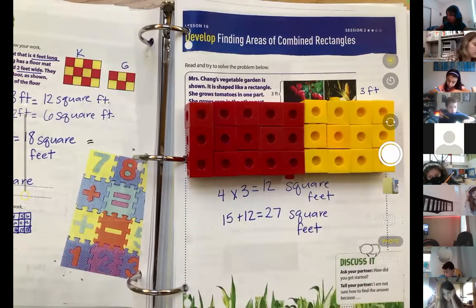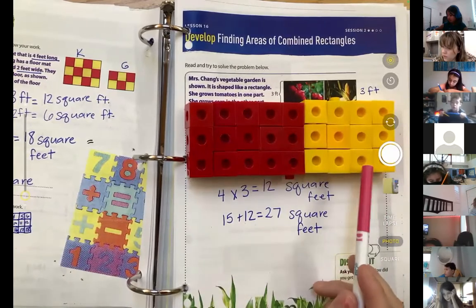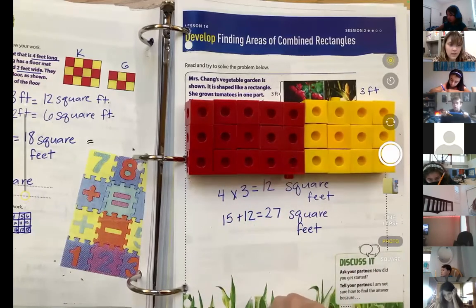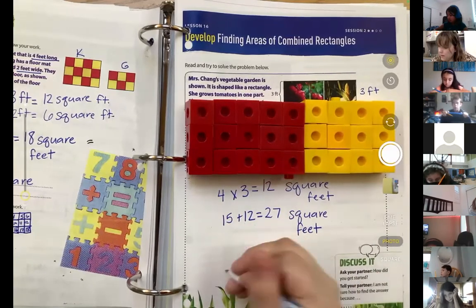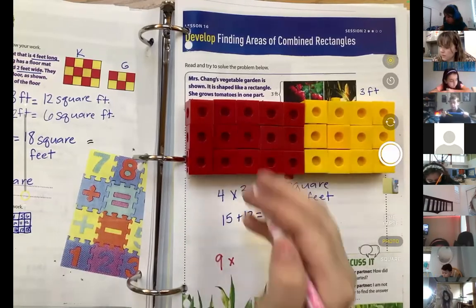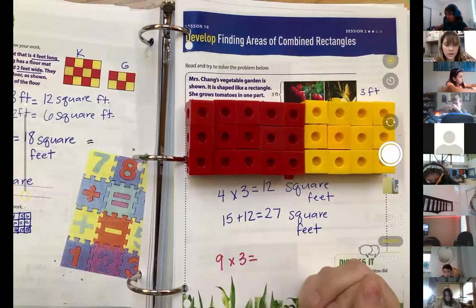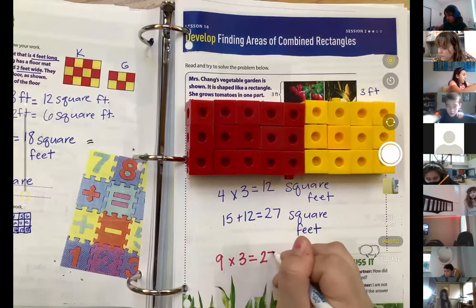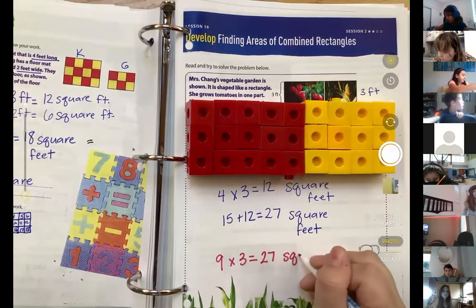Let me write it in a different color so you see it's a different way. If I count, I'm doing 1, 2, 3, 4, 5, 6, 7, 8, 9. Now I'm doing 9 times 1, 2, 3. Okay. 9 times 3 is 27.